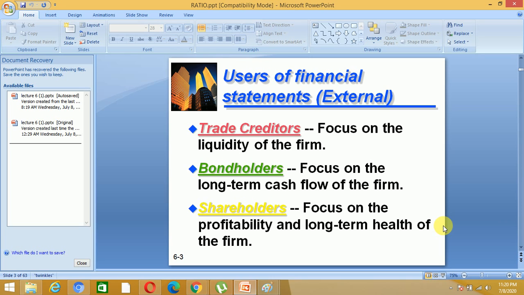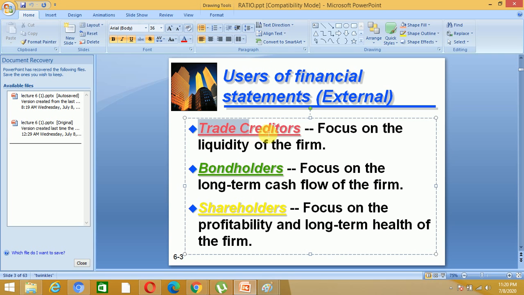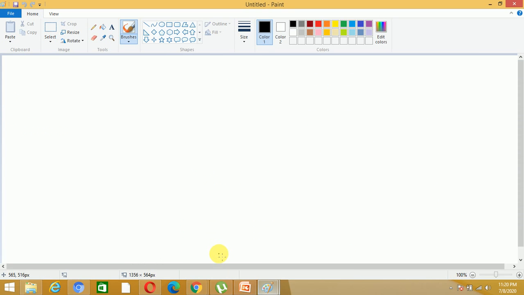Now coming towards users of financial statements. We are talking about external users. Trade creditors. Trade creditors are those people who took goods on credit from you. Take an example, you have a wholesale business.